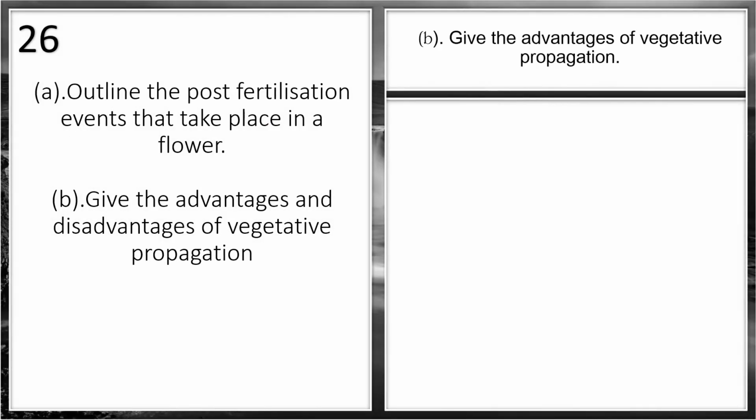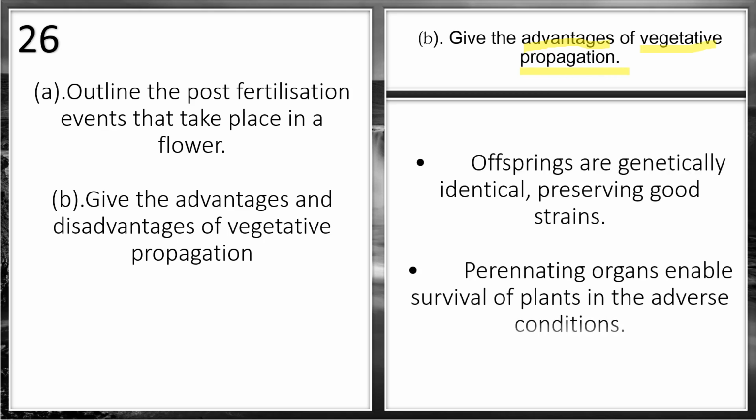Part B. Give the advantages of vegetative propagation. Offspring are genetically identical, thus preserving good strains.